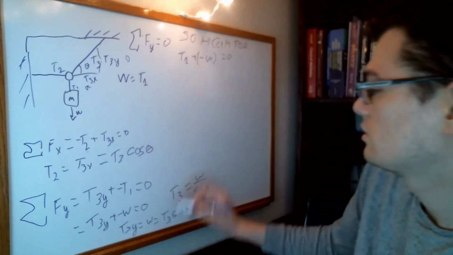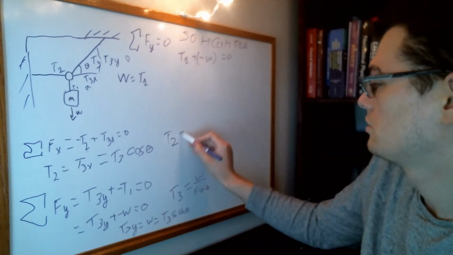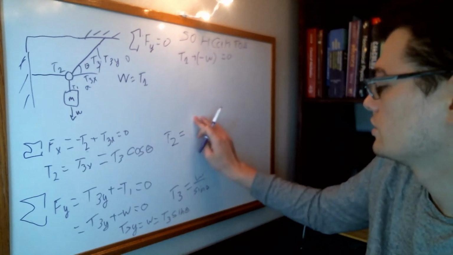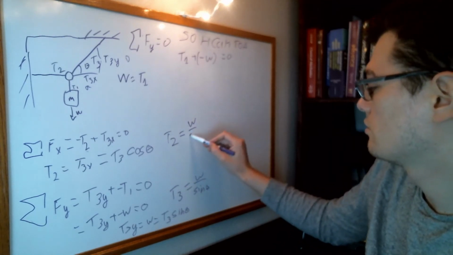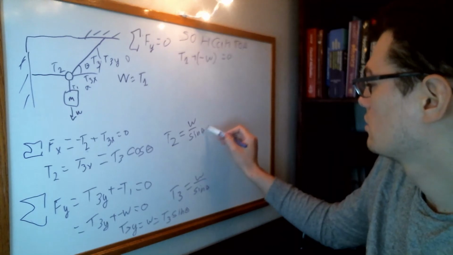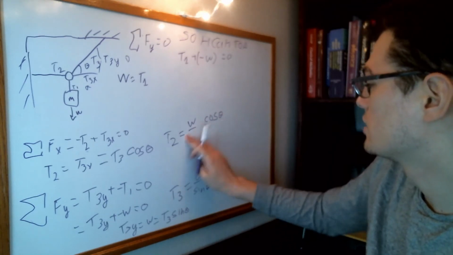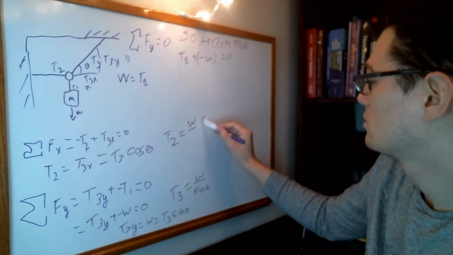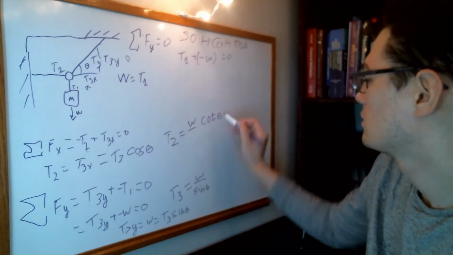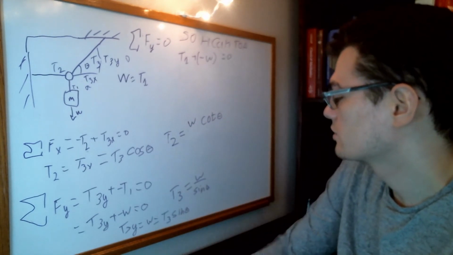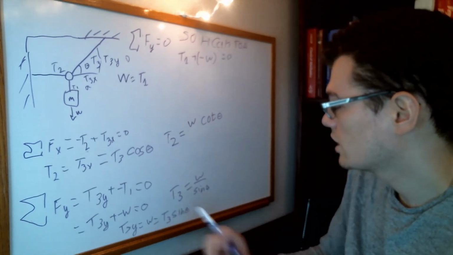And so then T2 is equal to T3 cosine theta, which we know is W over sine theta times cosine theta. And so this can be rewritten as W cotangent theta. And now we have an expression for T2 and T3.